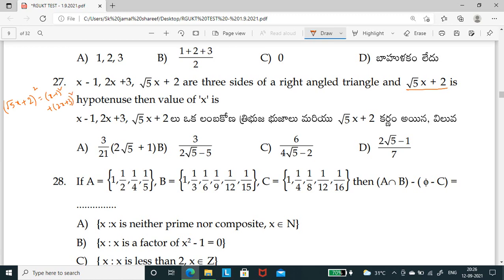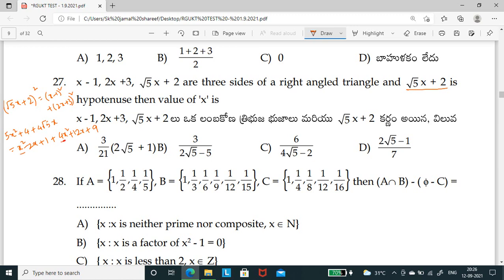Now on expansion, this is 5x square plus 4 plus 2 into 2 into root 5 into x is equal to, on expansion, x square minus 2x plus 1 plus 4x square plus 2 3s are 6, 6 into 2 is 12x plus 3 square is 9.